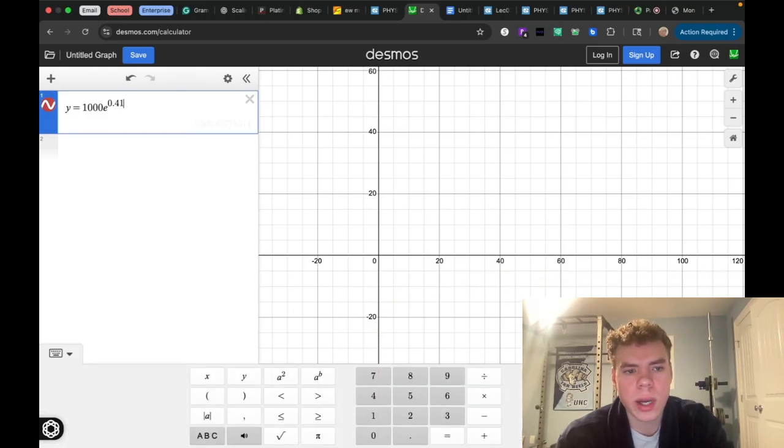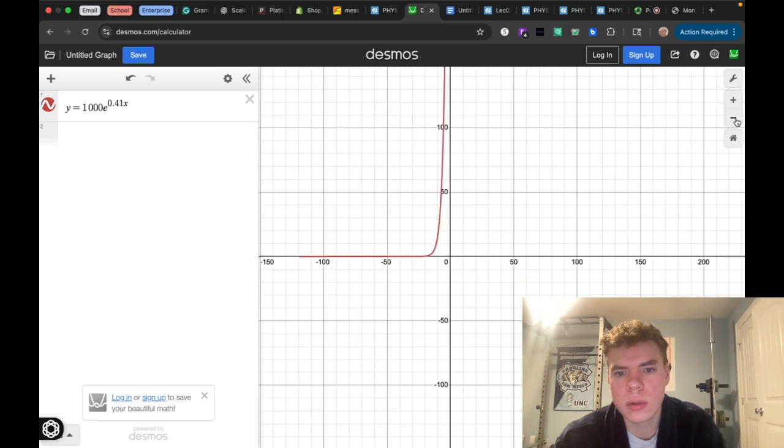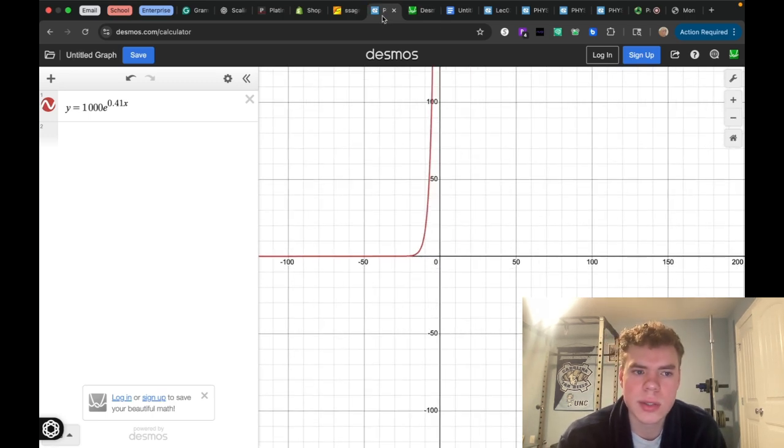Because if you literally write out this function, that shouldn't be the case.